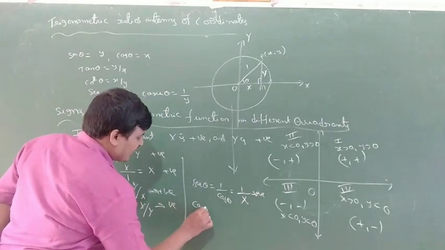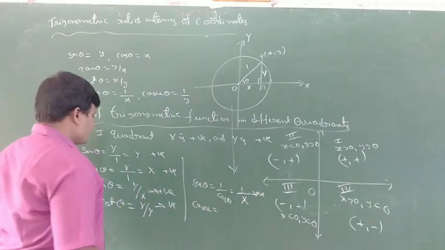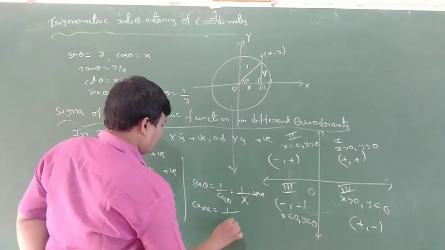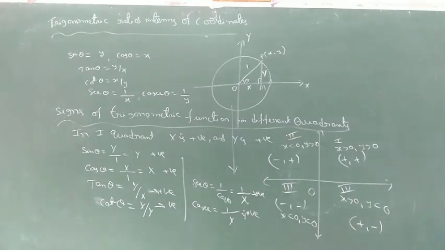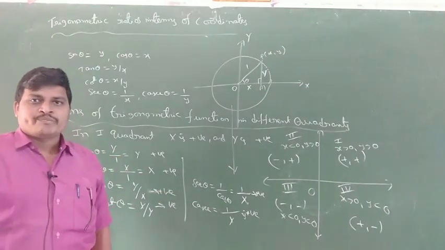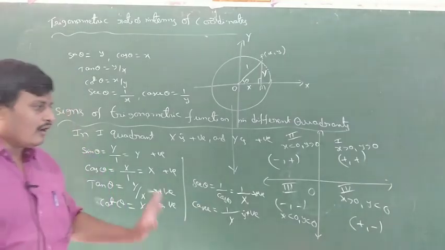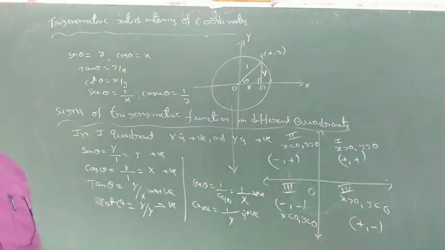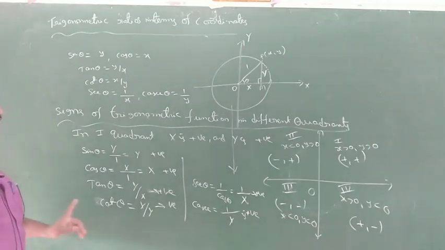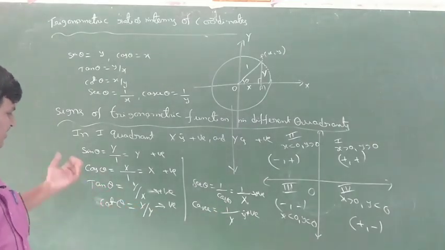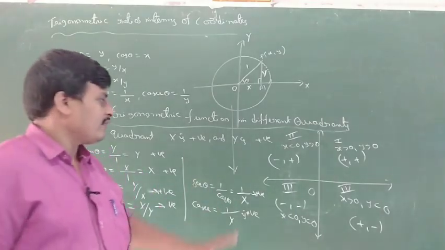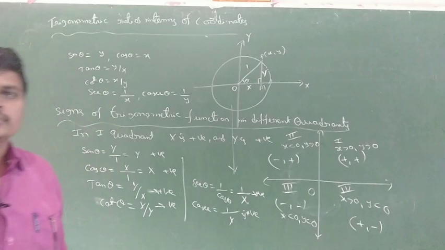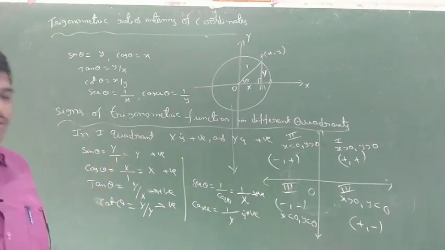So in the first quadrant, all 6 functions are positive.